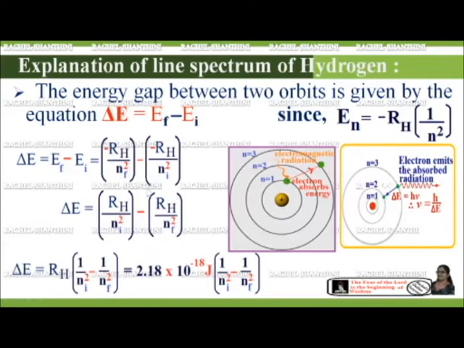We can take this RH as common, and delta E is equal to RH into 1 upon NI square minus 1 upon NF square. This gives the value delta E is equal to 2.18 into 10 to the power of minus 18 joules into 1 upon NI square minus 1 upon NF square, since RH is equal to 2.18 into 10 to the power of minus 18 joules.